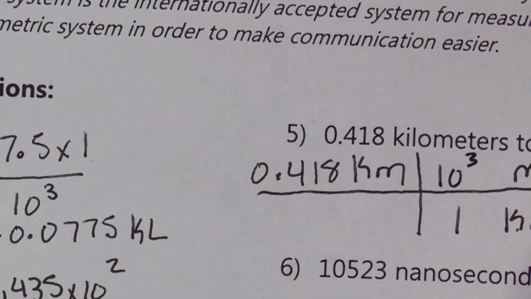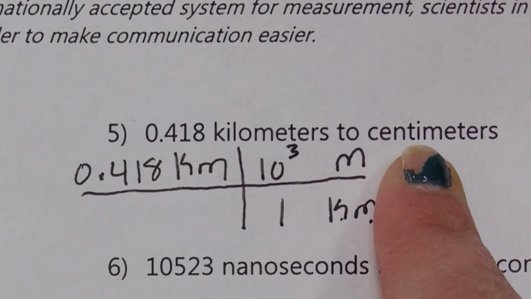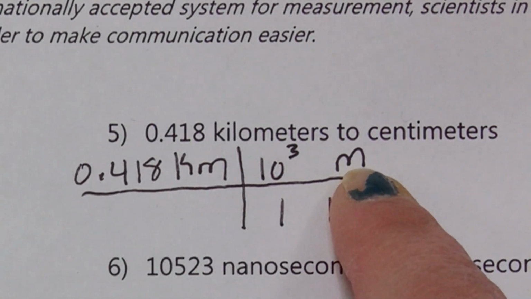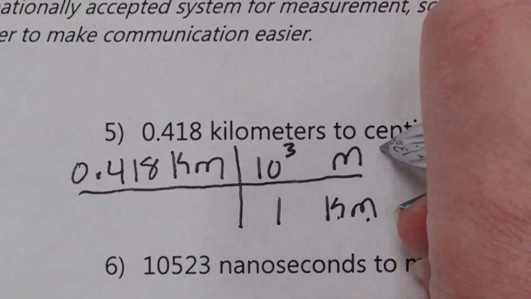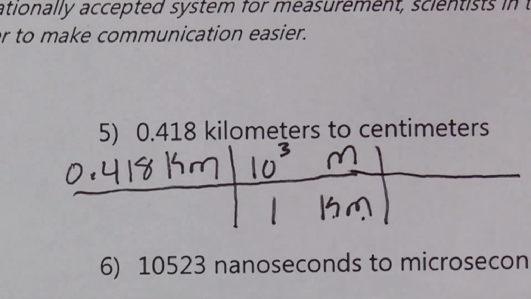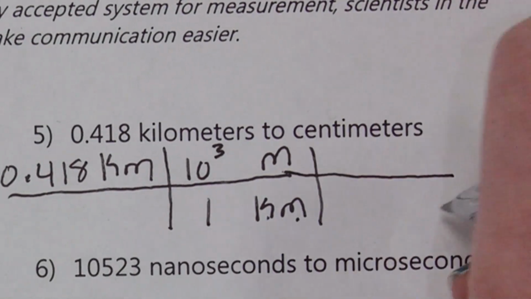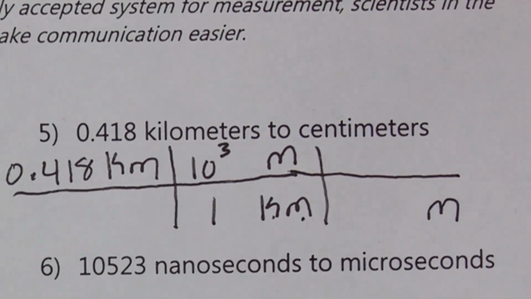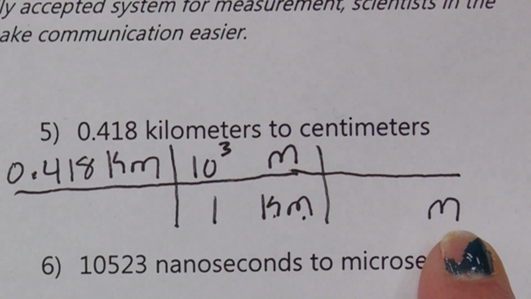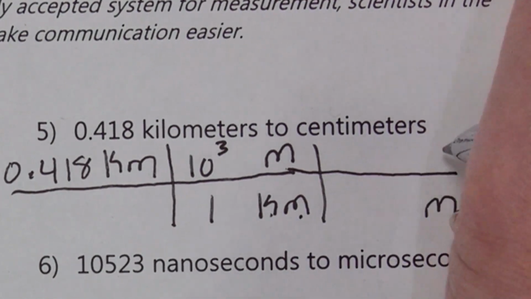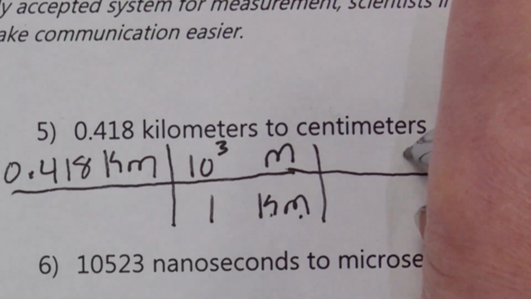Now my problem asked me for centimeters. I don't have centimeters yet. I went to the meter. So I have to set up a second step. Meter is on top, so it must go on bottom. Because meter is the base, I am able to go direct to the centimeter.